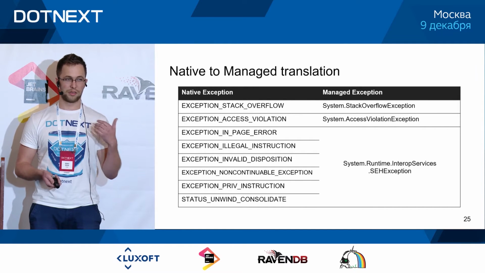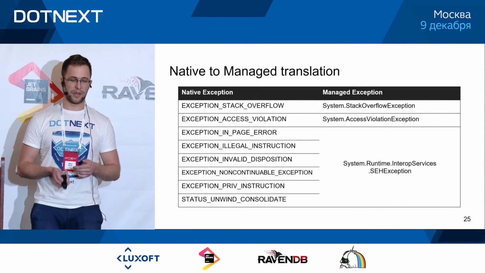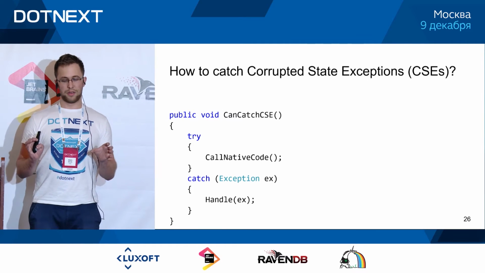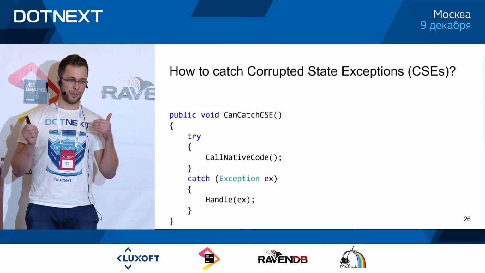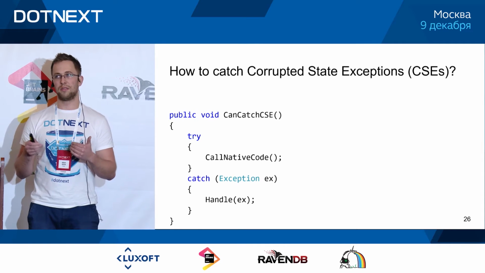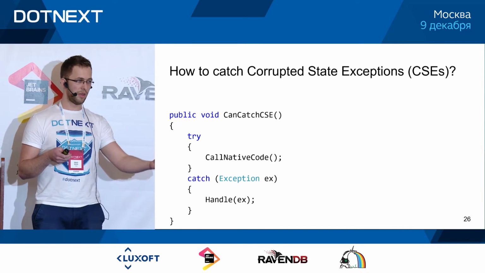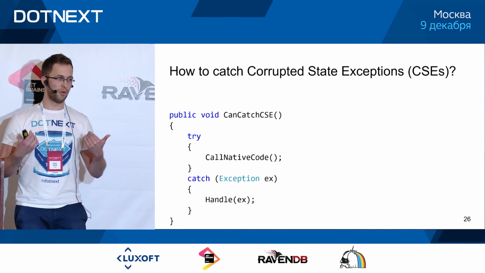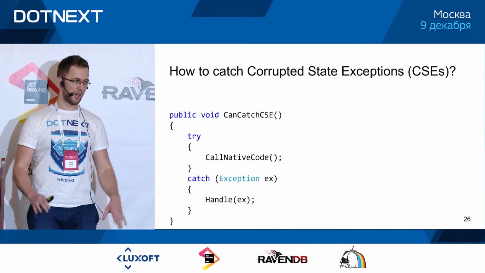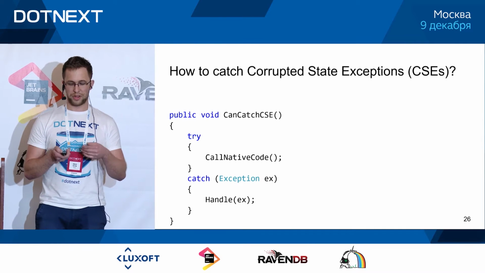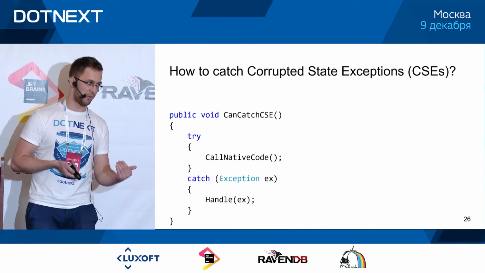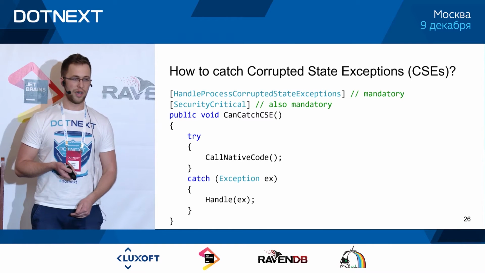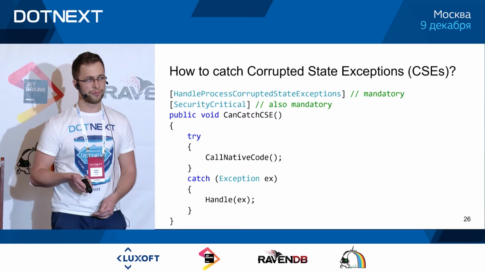Otherwise, it's SEHException, a structured exception handling exception. But the most important thing is that the CLR supports us with type and memory safety. So when it sees that we went to native code and got an access violation exception, then it decides, look, no more memory safety, I'm shutting down. You can actually catch these exceptions, except StackOverflow, if you add these two attributes to your method.